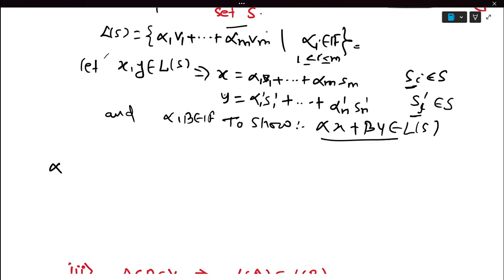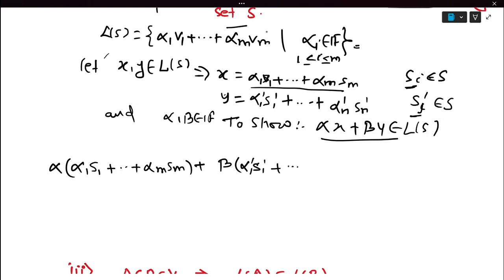If we write alpha times the value of x, what is the value of x? It is alpha 1 s1 plus ... plus alpha m sm, plus beta times the value of y, which is alpha 1 dash s1 dash plus ... plus alpha n dash sn dash.